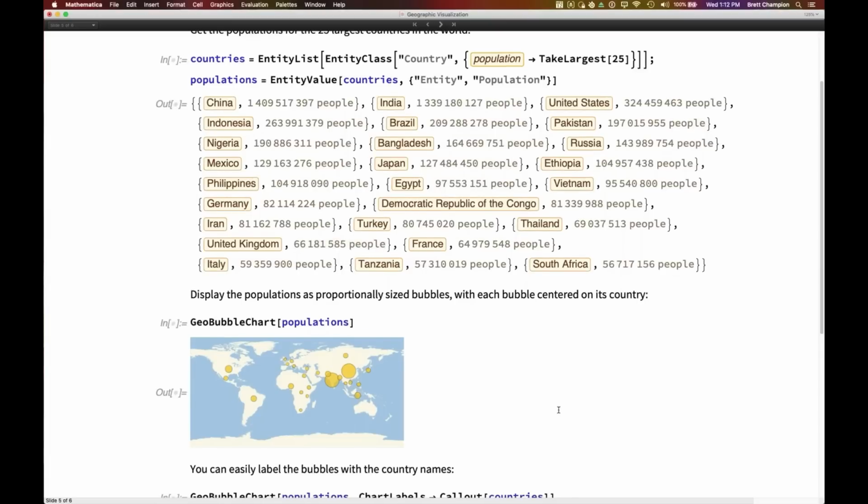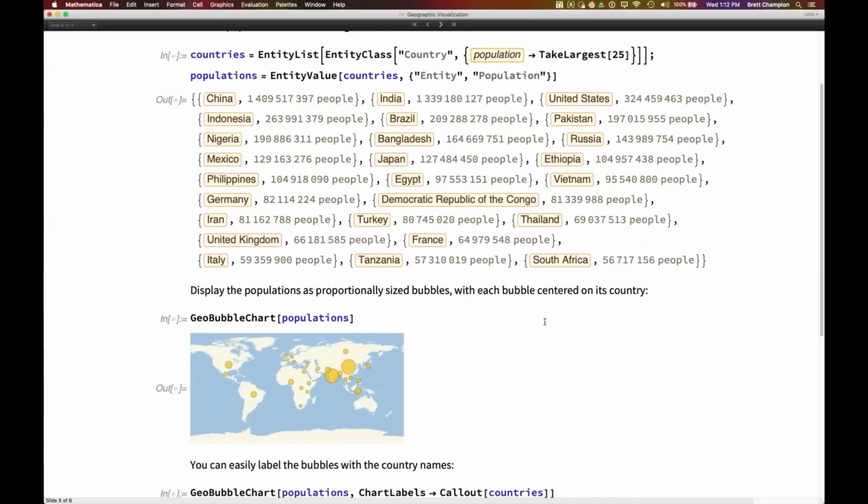Here we have the 25 largest countries in the world by population, and we're representing that by the bubble size. We see that China and India are large, and then the US, and things get smaller from there.